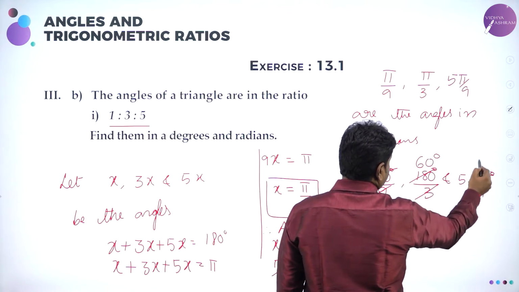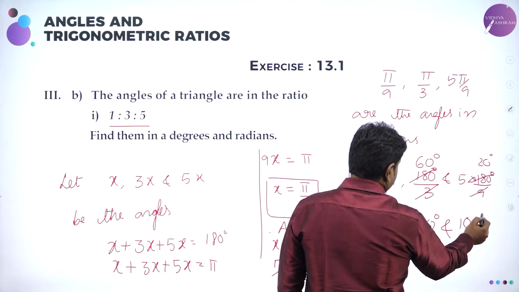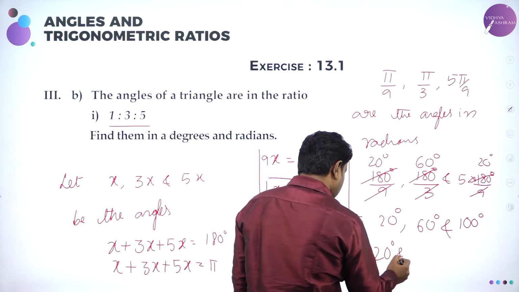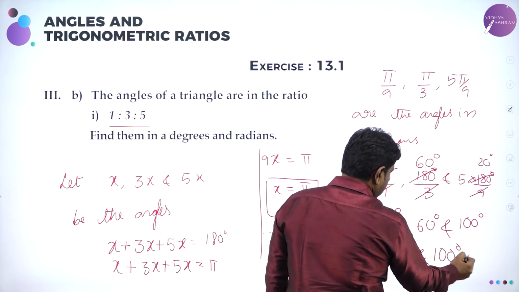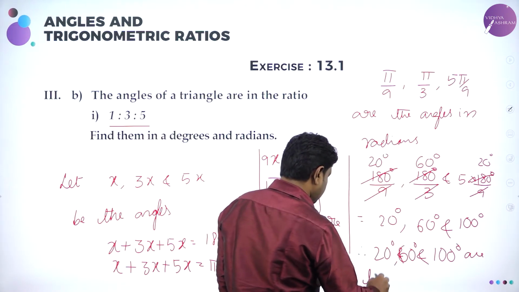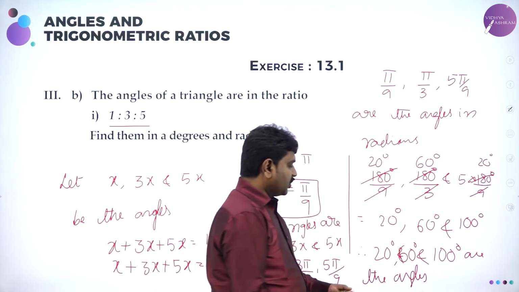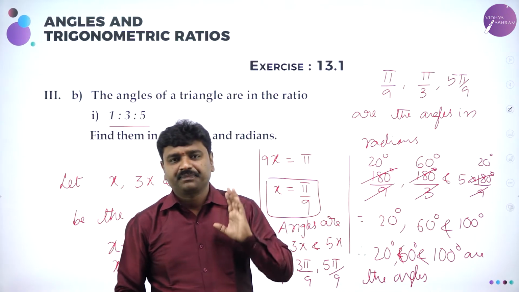And 9 twenties are 180, so 5 times 20 is 100 degrees. Therefore 20 degrees, 60 degrees and 100 degrees are the angles in degrees. If you add 20 plus 60 is 80, 80 plus 100 is 180, you get 180.